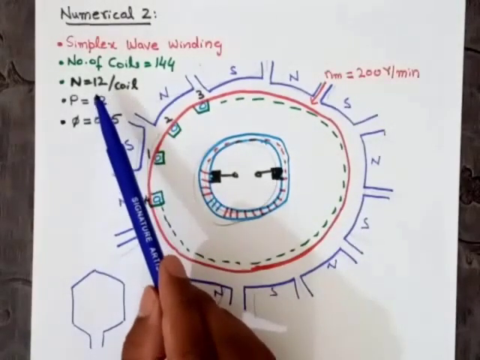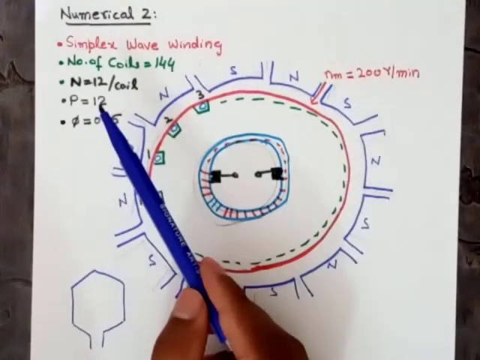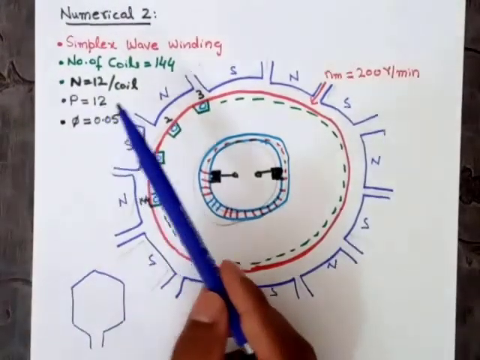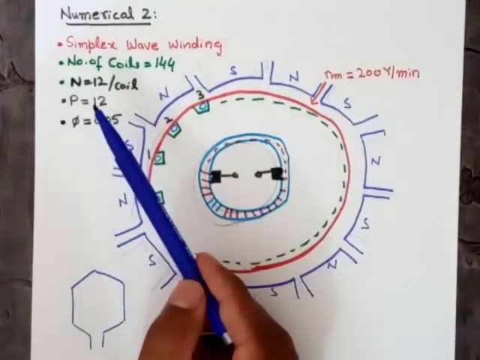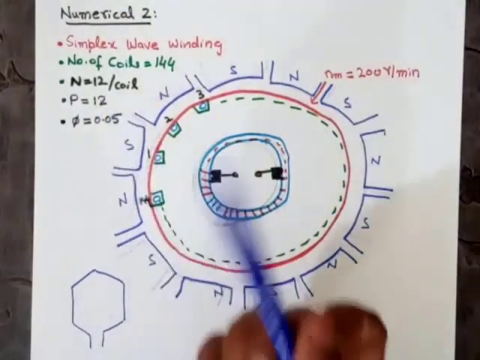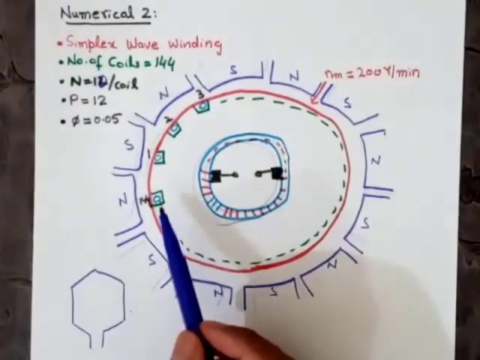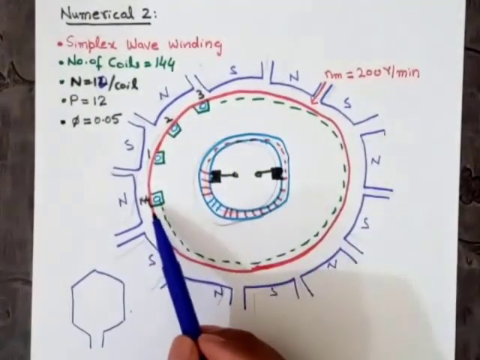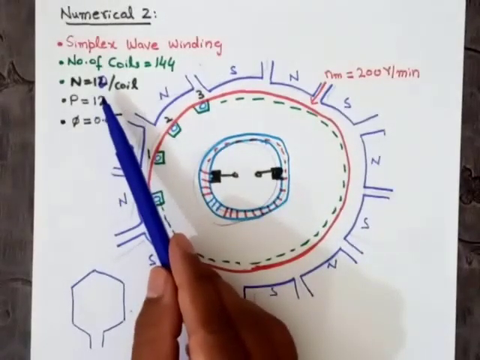The value of the N in this particular problem is given here, 10. It means the total number of coils are 144 and each coil consists of 10 turns.